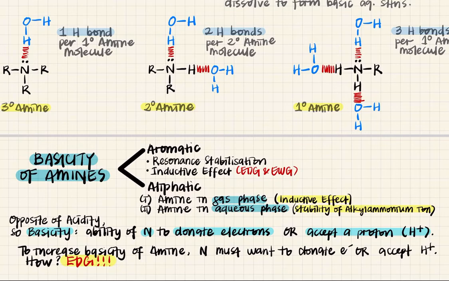First, we are going to look at the basicity of aliphatic amines in gaseous phase. Kalau in gaseous phase, we are going to look at inductive effect, maksudnya EDG dengan EWG. In aqueous phase, maksudnya awak ada water, you are going to dissociate your amine in water.